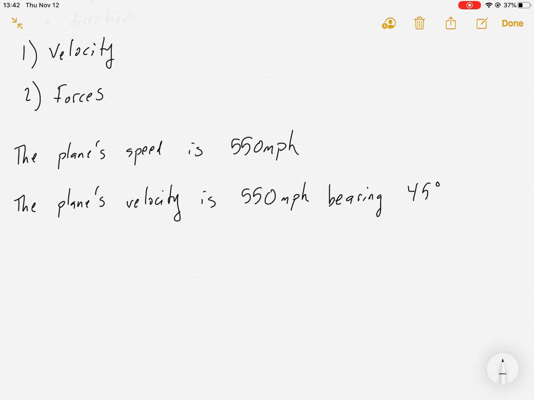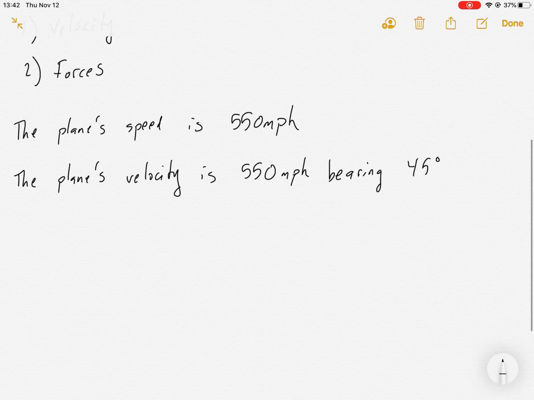Before, maybe you're going away from me or towards me, I don't really know. But now we could say, wherever this person is, they're going this direction here, 45 degrees, and they're going 550 miles every hour.